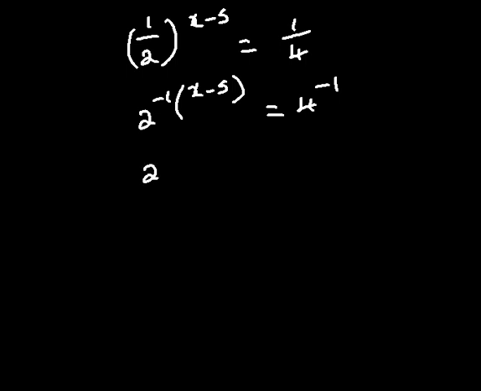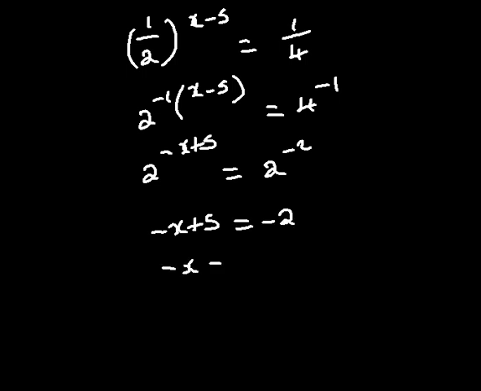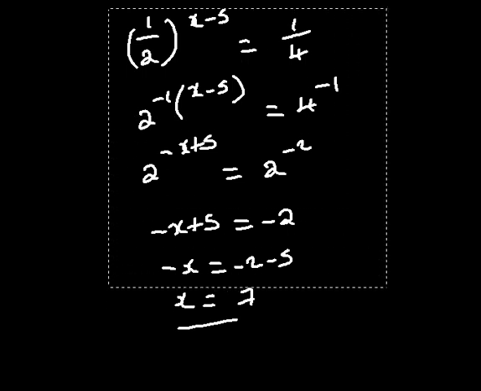This is the same as 2 to the power negative x plus 5, upon distributing the negative into the power. We express 4 with the same base as 2, so 2 to the power negative 2. Since the bases are the same, we have negative x plus 5 equal to negative 2. So negative x equals negative 2 minus 5, and x is 7. That is the solution.